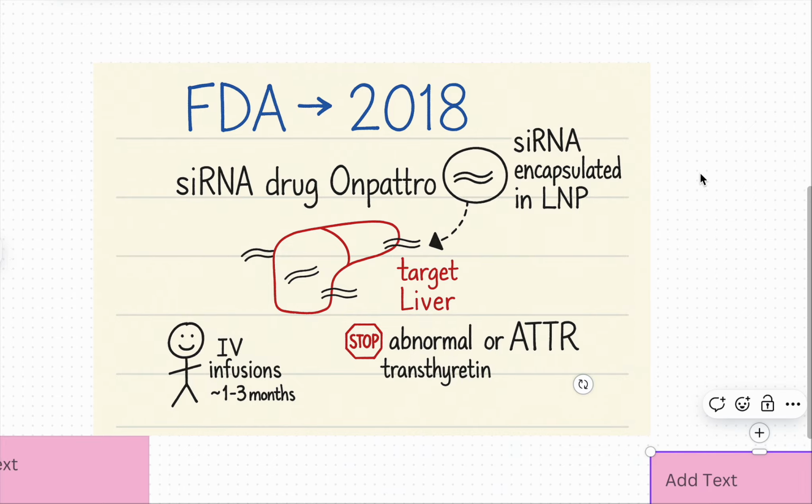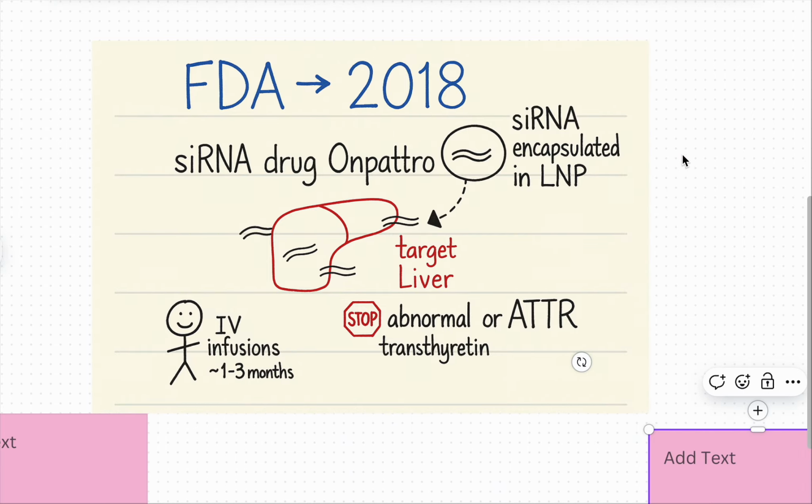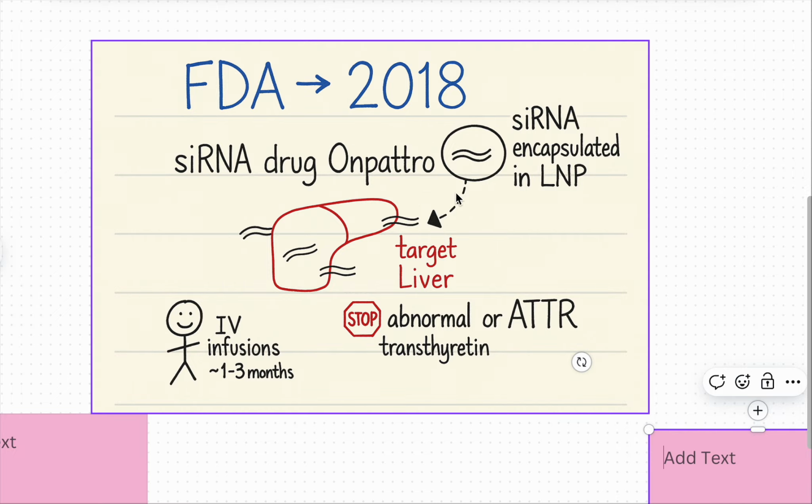And how it's been used in a clinical setting. So the first FDA approved drug after years of research was Onpattro, an siRNA encapsulated lipid nanoparticle which targets the liver and stops the formation of the protein called transthyretin, or ATTR.